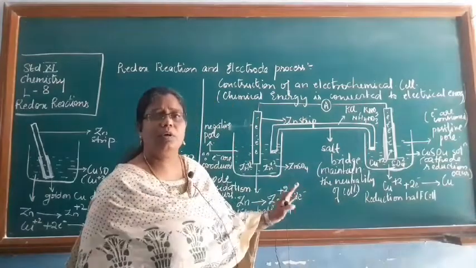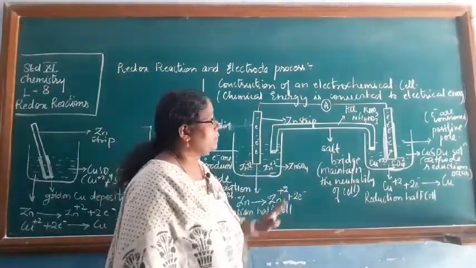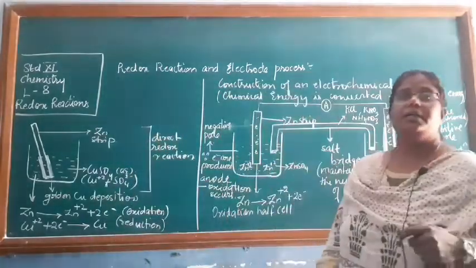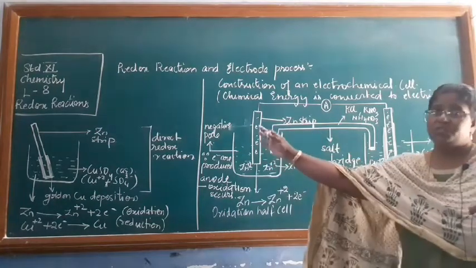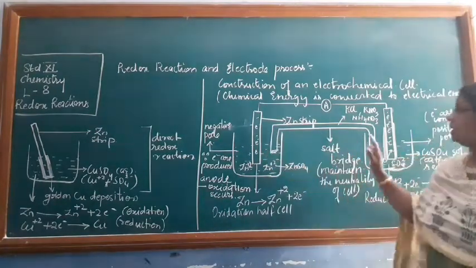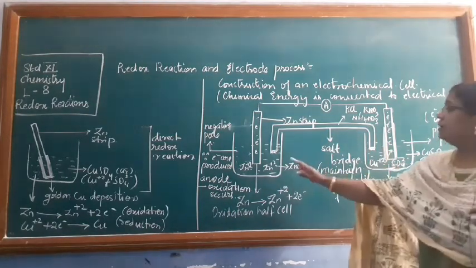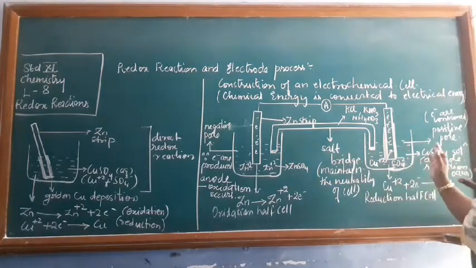So that is how this construction is followed. This is the electrochemical cell where electrical energy is obtained from chemical energy. The earlier setup was called a direct redox reaction. This will be an indirect redox reaction because here the redox reactions are occurring at two different places.